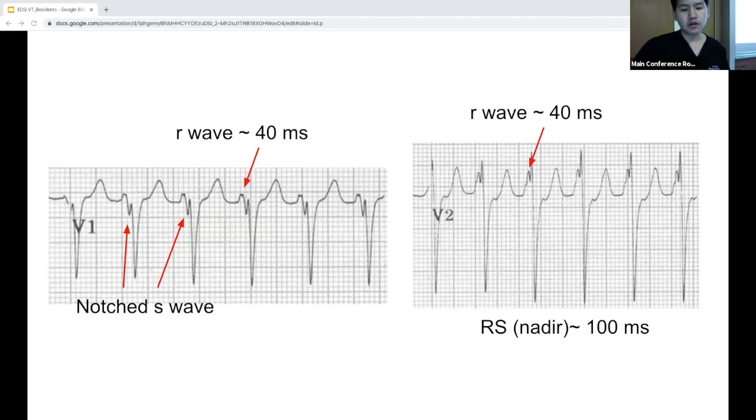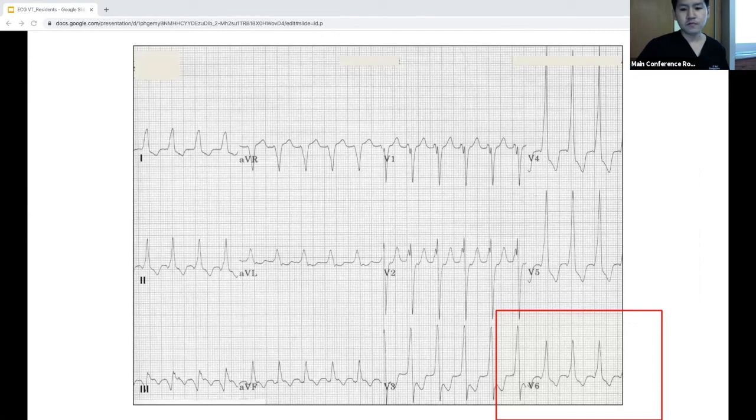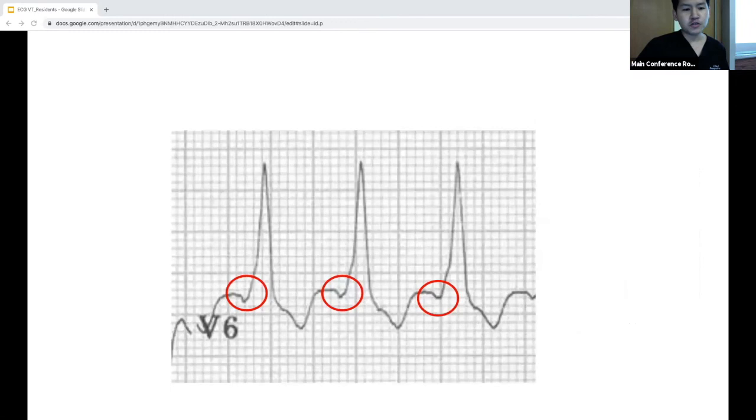And here the R to S nadir interval is about 100 milliseconds, which is greater than 70. And in V6, it kind of looks like a monophasic R wave, which you would see in a normal left bundle branch block. If you look closely, you can see Q waves, which you shouldn't see in an SVT with left bundle branch block.